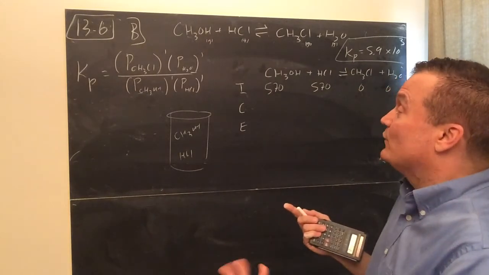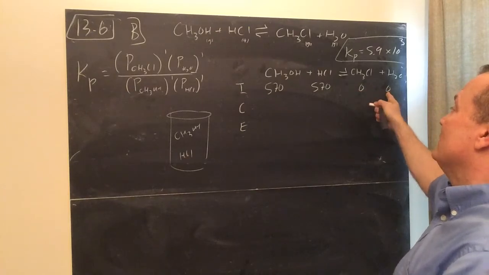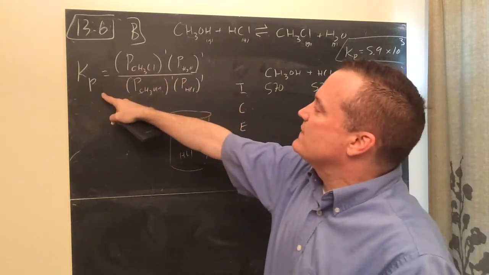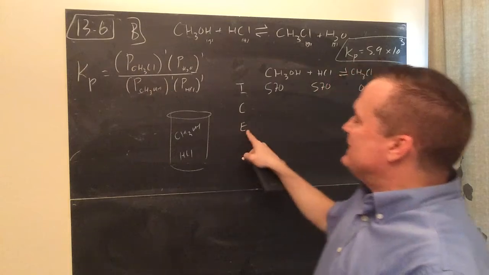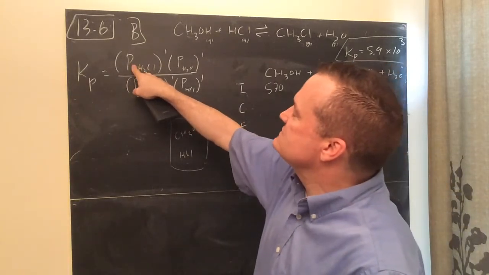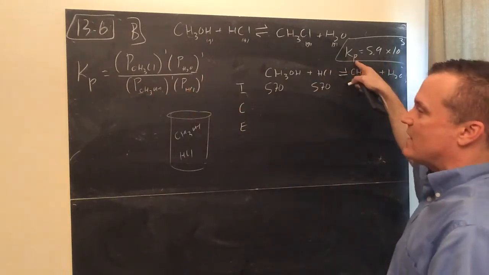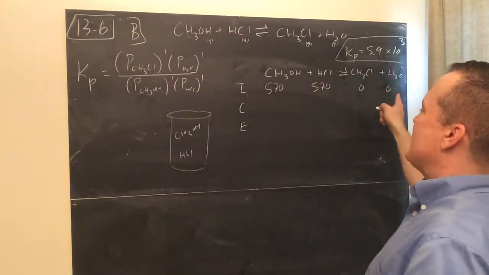No, it's not at equilibrium, because if it were at equilibrium, you could not have anything with zero. Because look at this, at equilibrium, this number times this number divided by that number times that number should equal the equilibrium constant, Kp. So it cannot be at equilibrium.